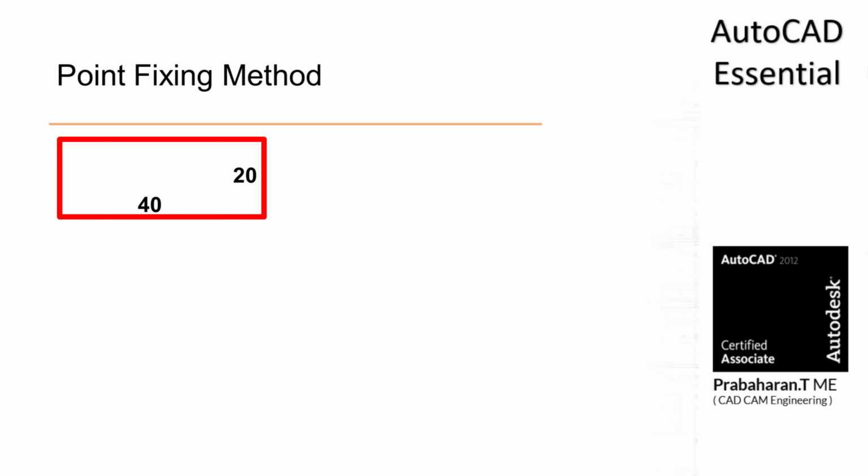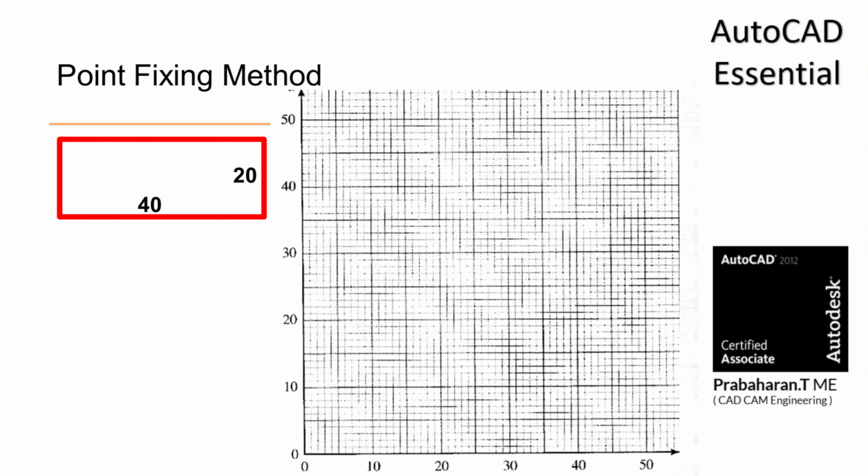I'm going to draw this rectangle of 40 cross 20. Let me take the graph sheet. Now I'm going to fix the first point. We can fix it anywhere, even 0, 0 or 10, 10, wherever we want. Let me take point number 1 at x 10, y 20. Now I have to fix point number 2.